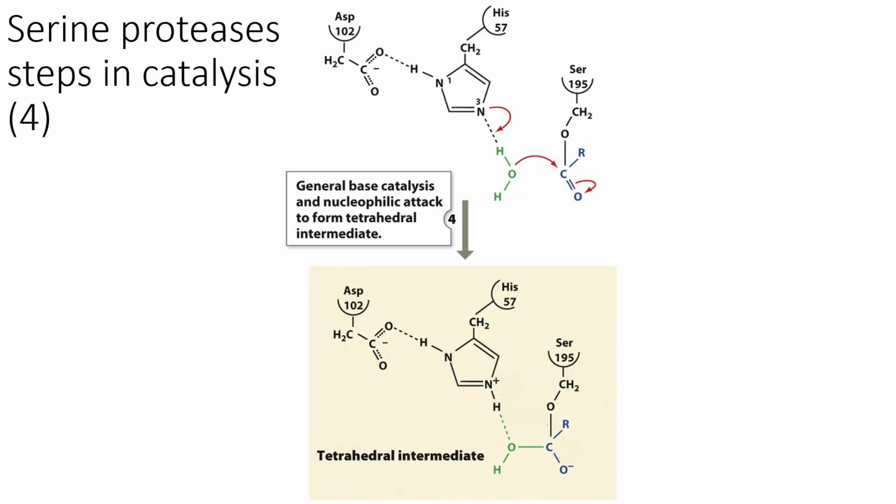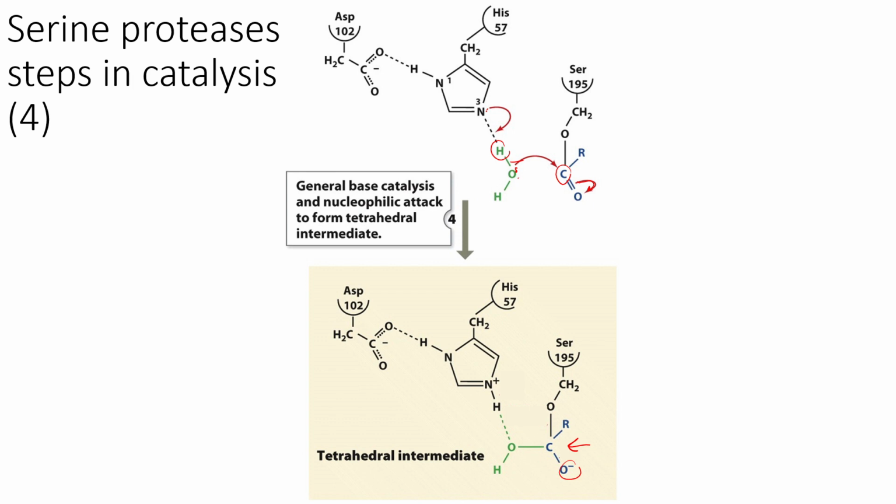So we have, again, another nucleophilic attack from the lone pair of electrons on this nitrogen in the imidazole ring. It's going to form a covalent bond with this proton, and now this hydroxyl group, the lone pair on this oxygen, or from this bond really, right, is going to attack the carbonyl carbon, again forcing these electrons up to the oxygen, forming yet another tetrahedral intermediate that has yet another oxyanion.